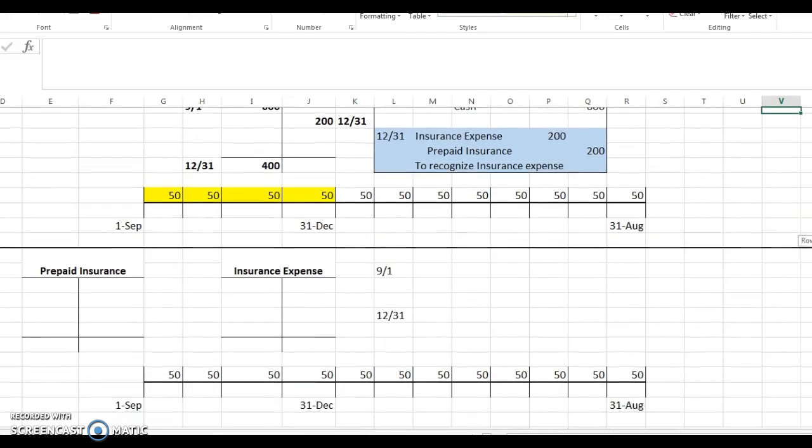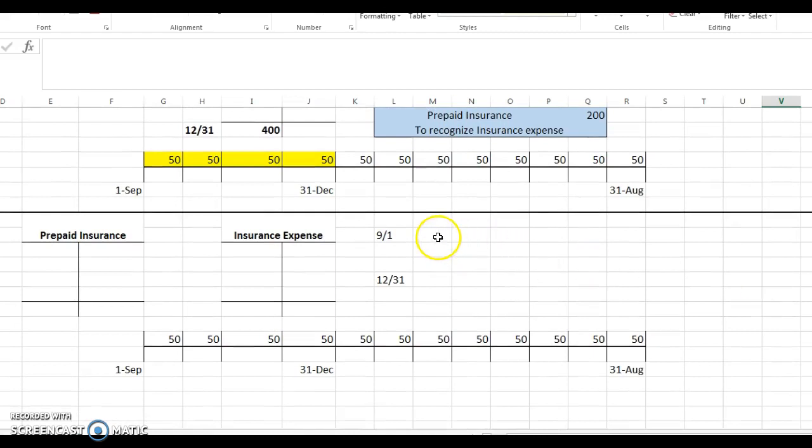Well, now what we're going to do is, let's say we paid that $600 and we immediately charged the entire amount to expense. We are not supposed to, but we were going to debit insurance expense $600 and credit cash $600.